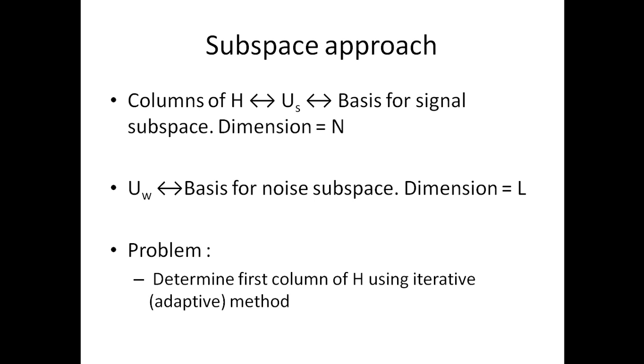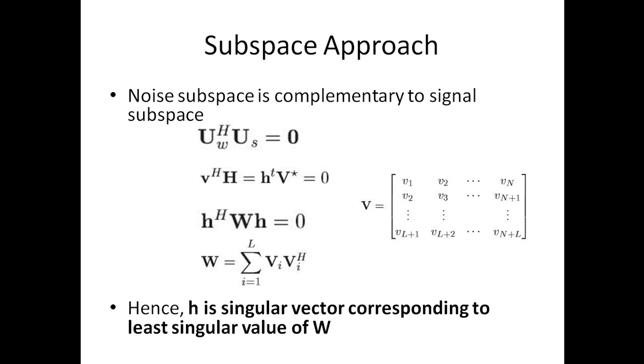So now the problem can be reduced to determining the first column of matrix H using an adaptive method or an iterative method. You have to observe that the noise subspace is complementary to the signal subspace. What that means is the Hermitian of the noise basis set times the signal basis set will give you a zero. The inner product of every vector from the signal subspace with every vector from the noise subspace will give us a zero.